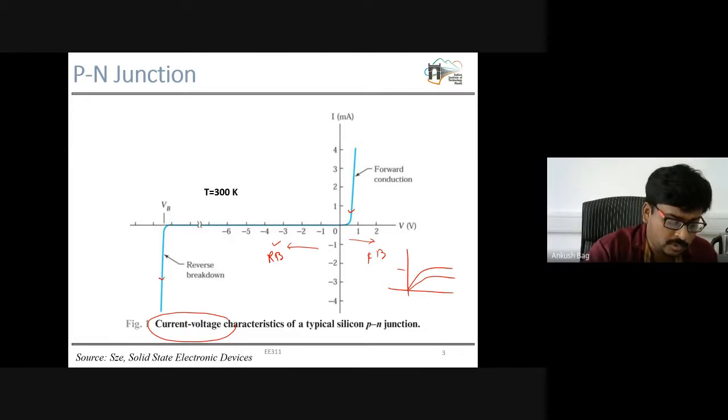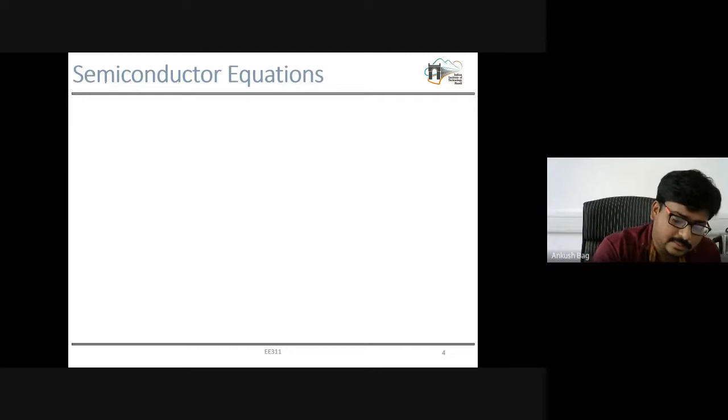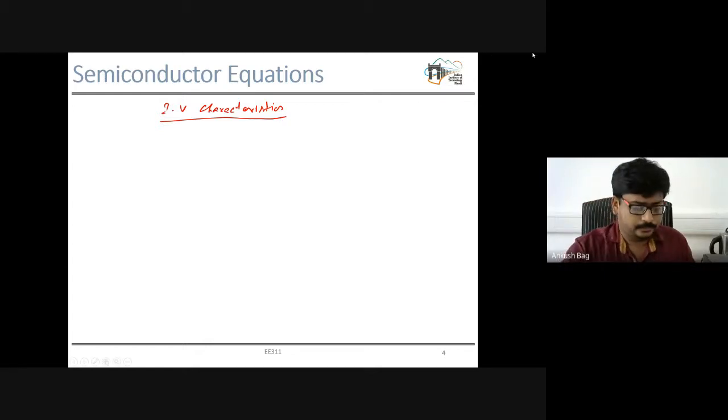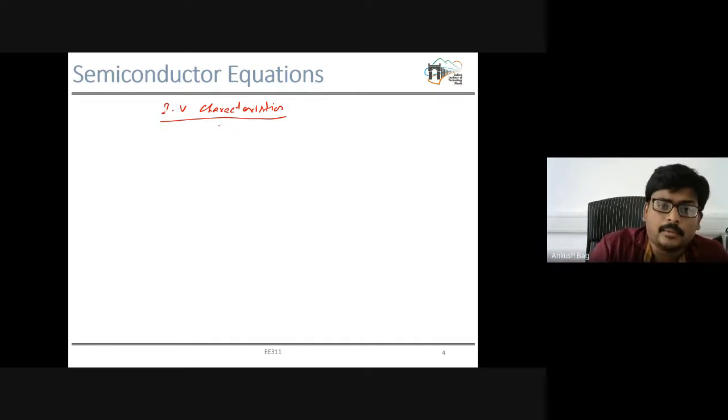If we write any current voltage characteristics, or let's say IV characteristics, this IV characteristics is, as we understood in the previous class, based on the current density J in a semiconductor, which is the current density due to your electrons as well as holes.